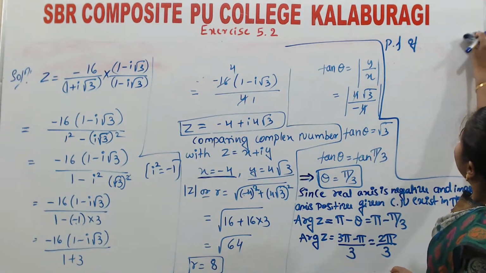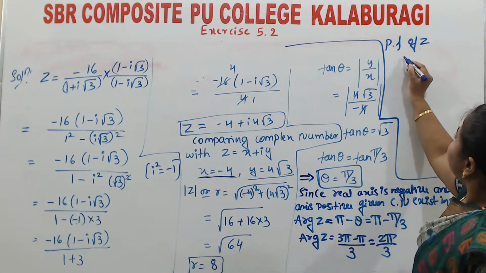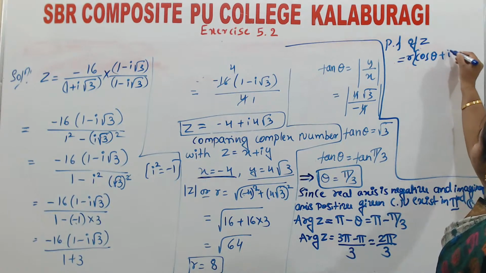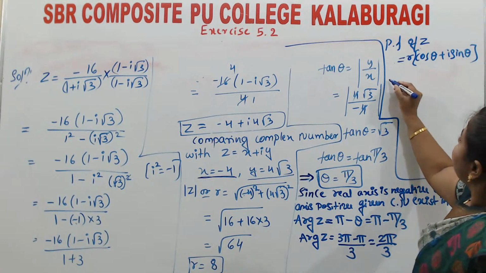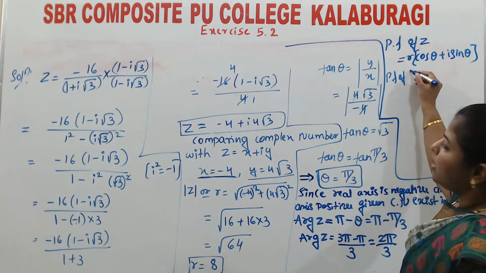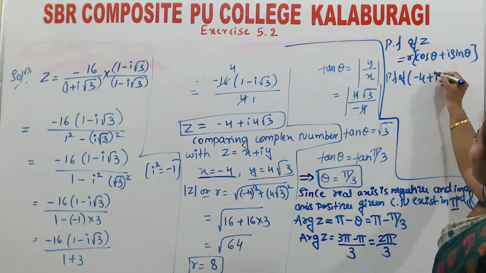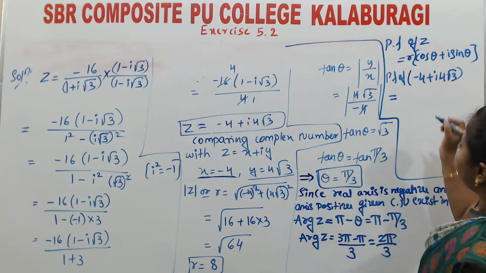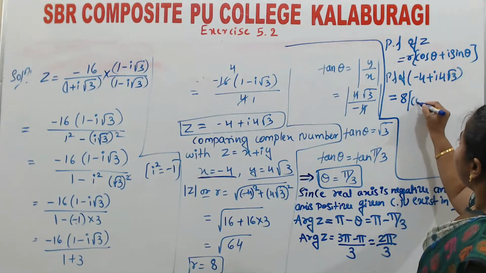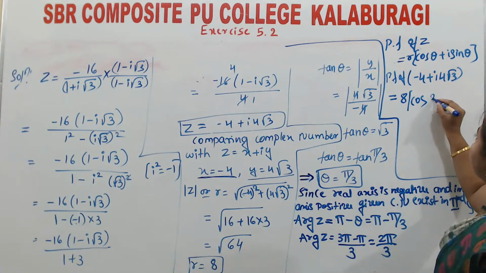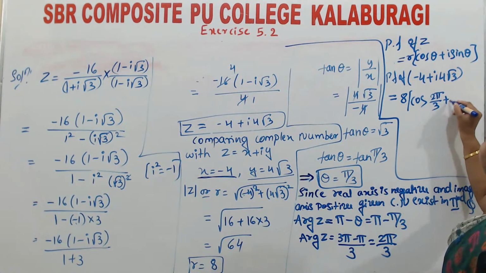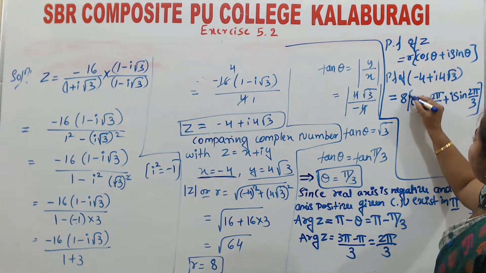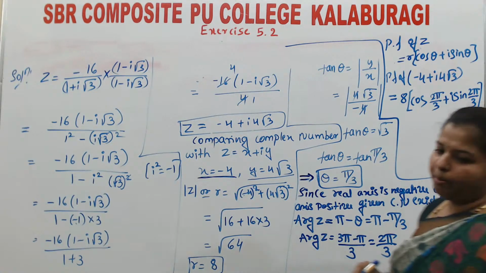Okay, polar form of complex number z. The general form we will write: z is equal to r times cos theta plus i sin theta. So the polar form of minus 4 plus i 4 into root 3 is equal to, what is r? R is 8. Then cos of argument theta, 2 pi by 3, plus i sin 2 pi by 3. This is our polar form of the given complex number.